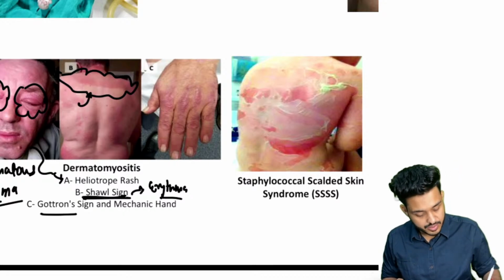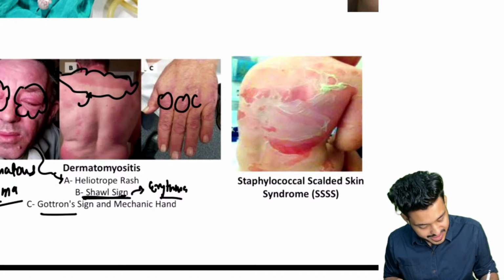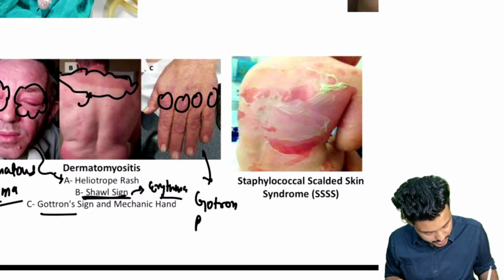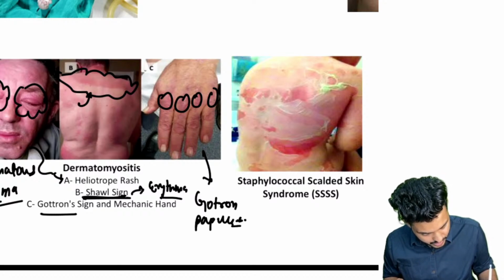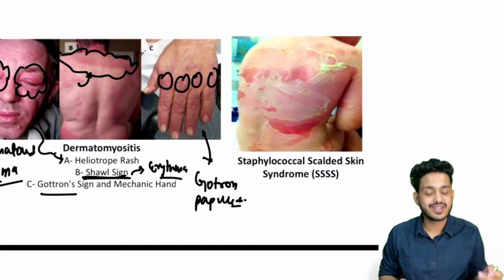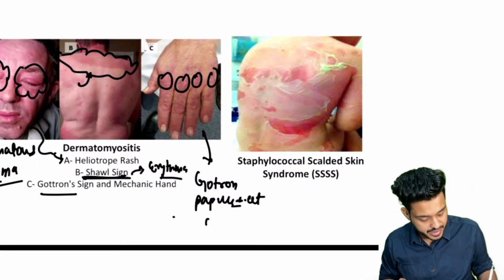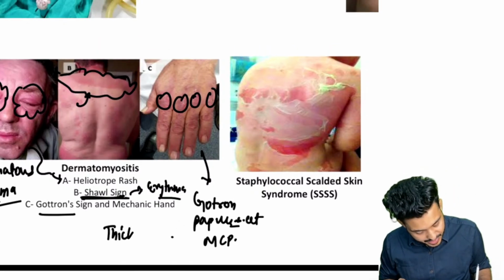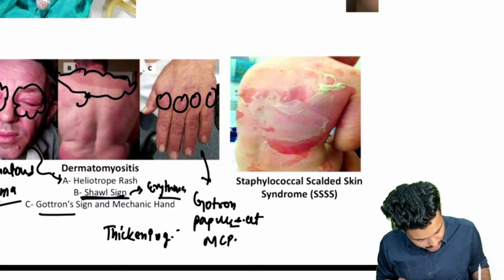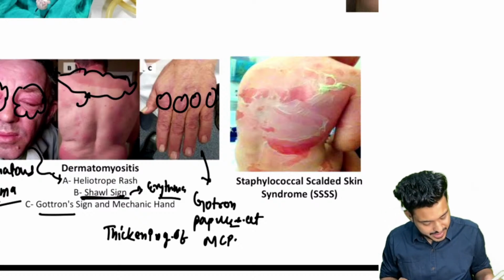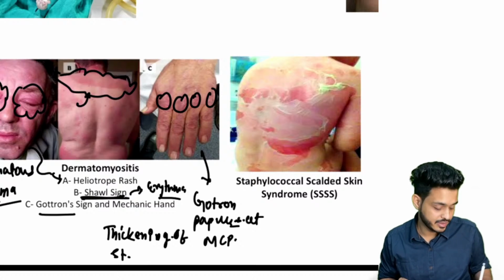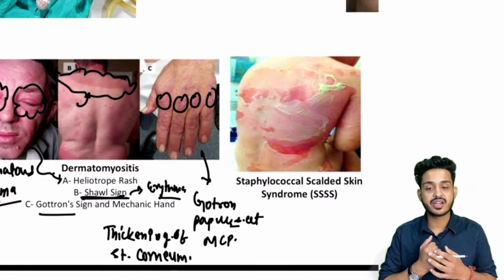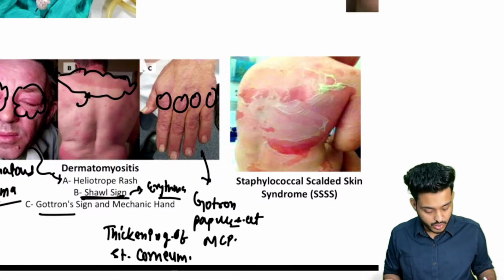Okay, third one is these papules. Look here, these are your Gottron's papules. These are basically papules at the MCP, and there will be thickening of stratum corneum, and that is what is known as Gottron's papule.